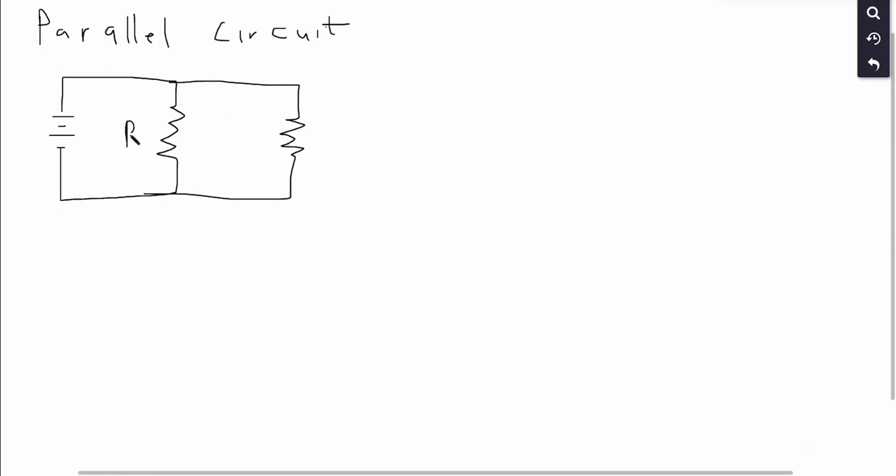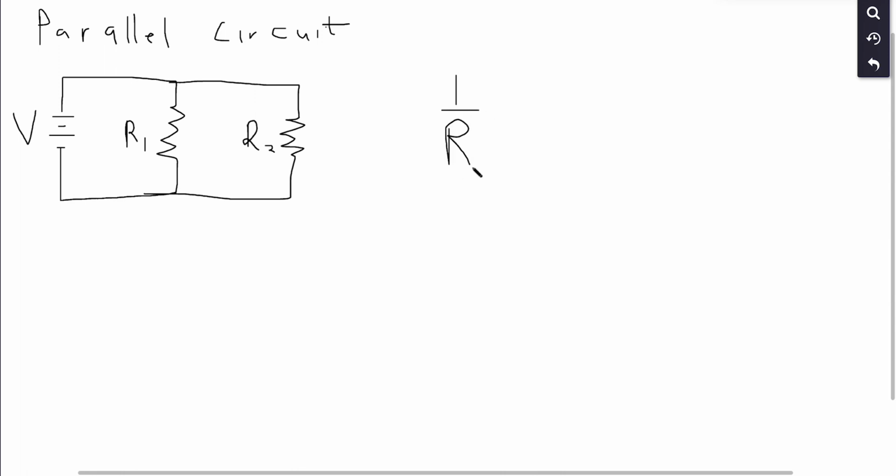So we can call this R1, and we could call this R2, right? And this could be our V. And this would be a representation of a parallel circuit. So the way we solve for parallel circuits typically would be something similar to this.